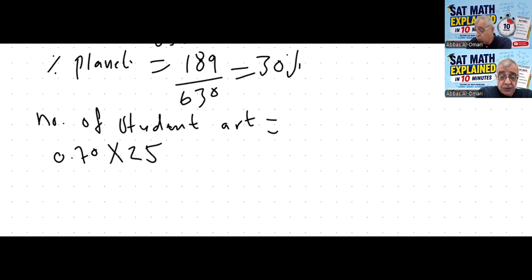And that equals 1764 students. So we expect 70% of the students want to go to an art museum.